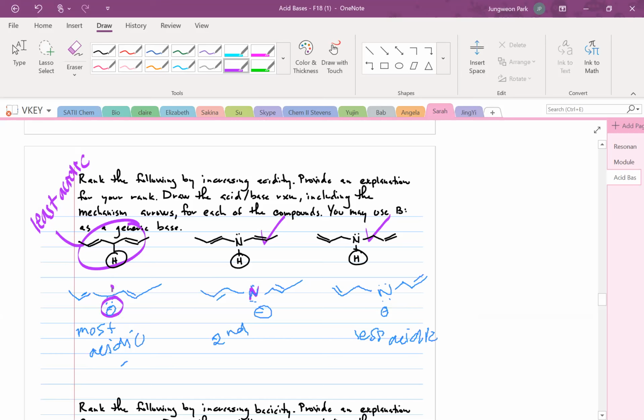Because this negative is sitting on a carbon, versus this negative sitting on a nitrogen and this negative sitting on a nitrogen. Nitrogen is a lot more electronegative than carbon. Yeah, that makes sense.